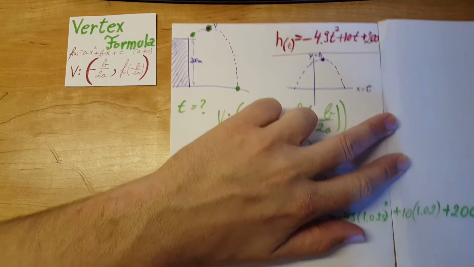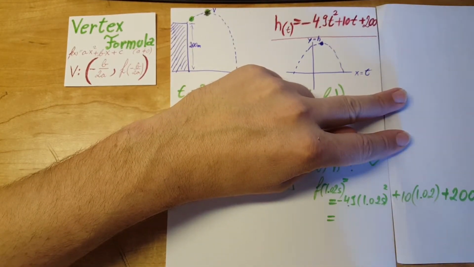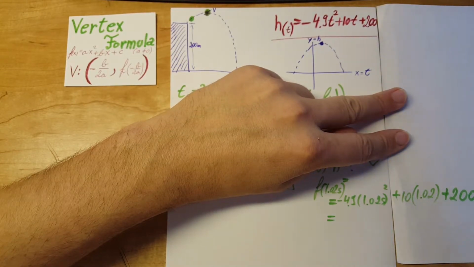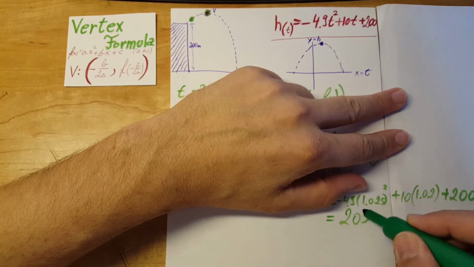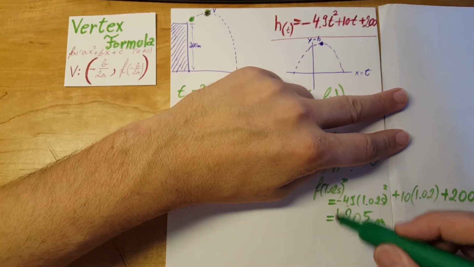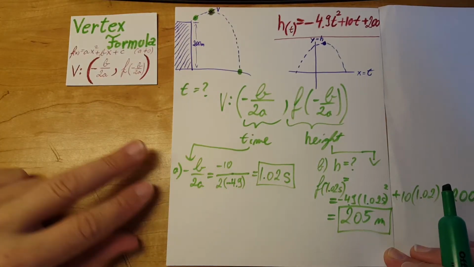Okay, and if we calculate this value, we will get a maximum height of 205 meters. I'm also gonna do this to 3 sig figs, just like we did this one.